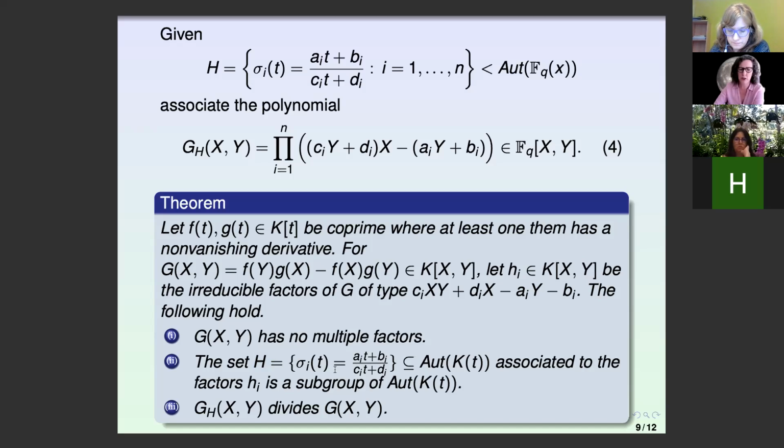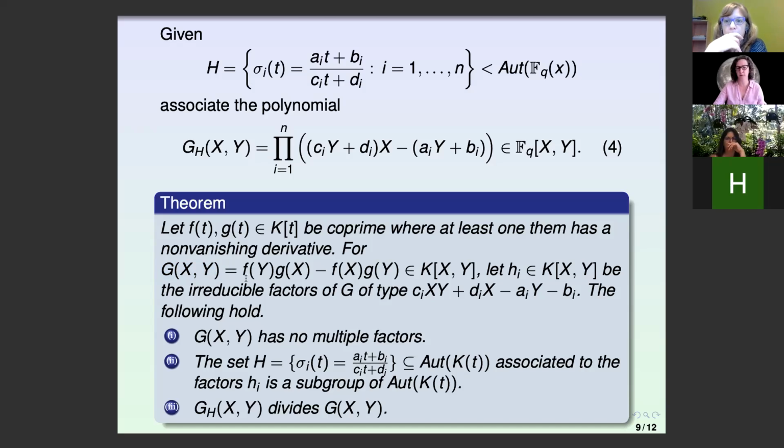And you can also show that the curve G_H(x, y) constructed this way is always a factor of the curve G(x, y).